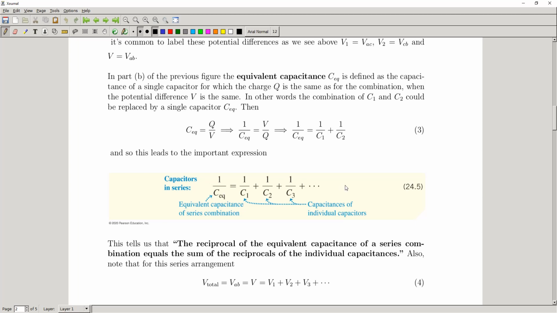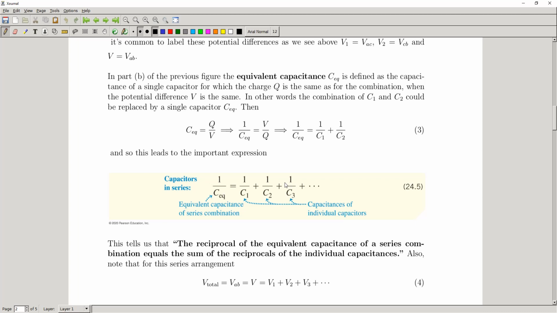for potentially more capacitors in series, we end up with this important equation, which tells us that for capacitors in series, we can write the equivalent capacitance as 1 over CEQ equals 1 over C1 plus 1 over C2 plus 1 over C3.